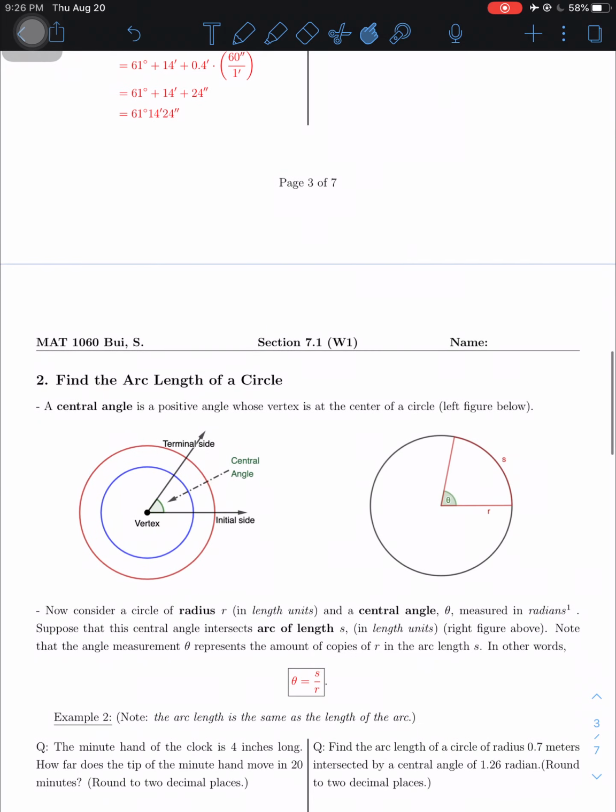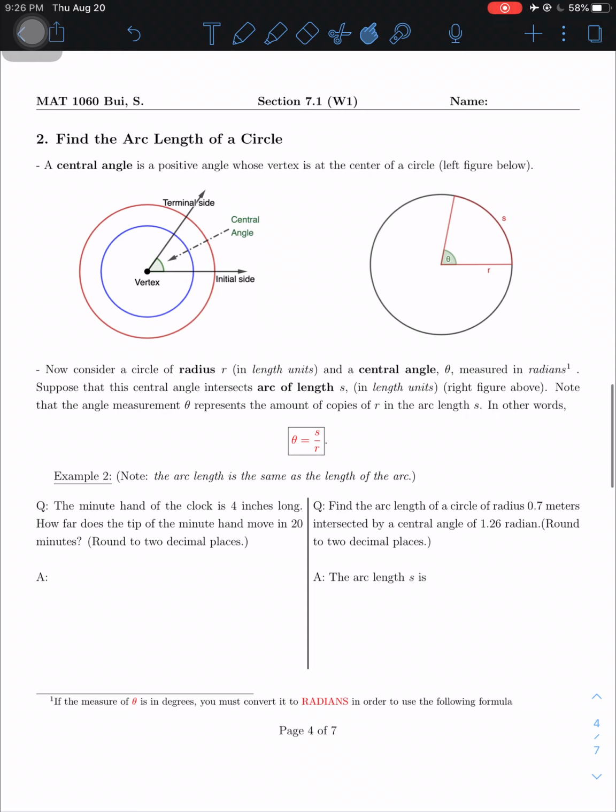All right, let's talk about the very first official objective of today: how to find the arc length of a circle. If you recall this picture from the last page, when we talked about the definition of a circle, it's pretty much the same thing, but it has 2 circles in here.